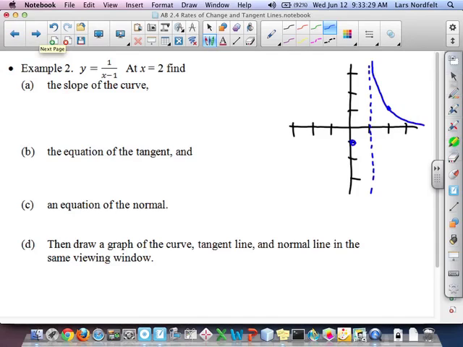It's going to go through 0, -1. Looks kind of like this. I want to focus on this point at x equals 2. I want to find the slope of the curve at that point.